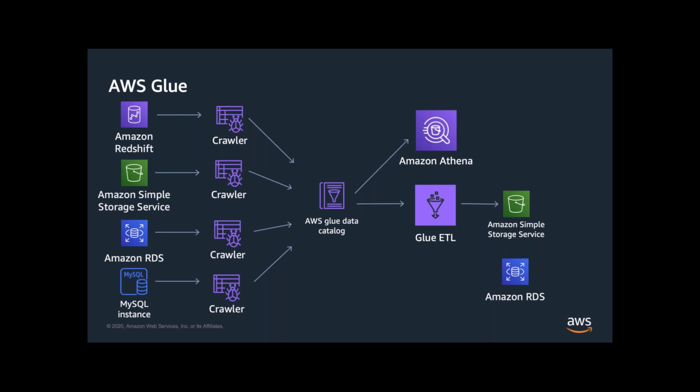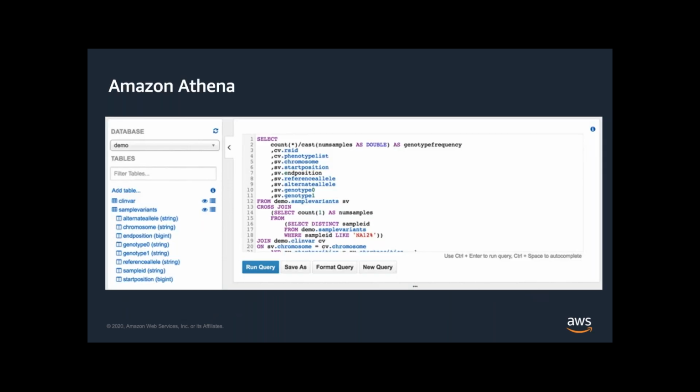So if we look at, for example, how someone might consume data from S3 or from other data sources, let's take a quick look at Amazon Athena. Here is a screenshot from something I was working on: the 1,000 Genomes data set connected with ClinVar, where I'm looking for the actual frequency of genotypes as it pertains to a set of samples I have in my population.